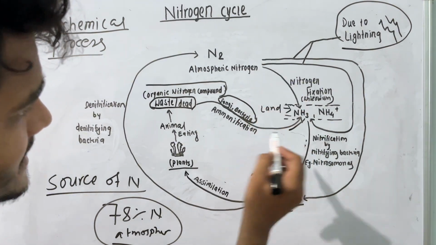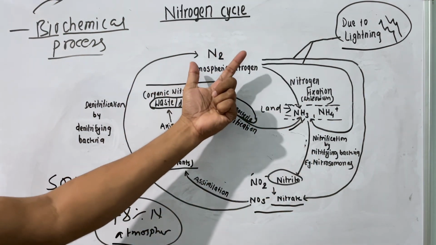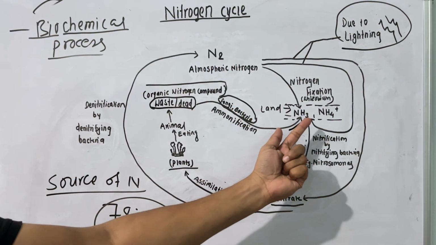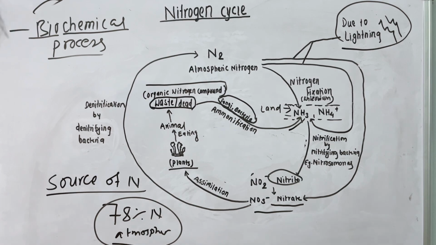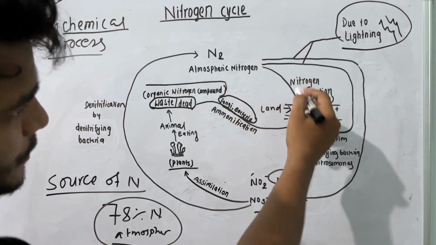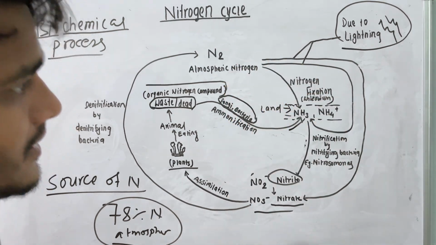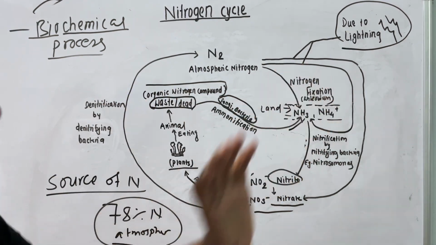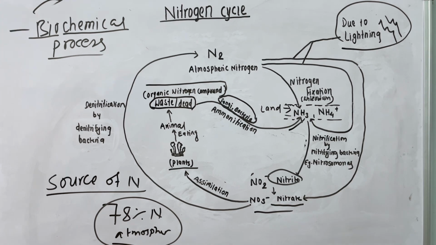The first one is that atmospheric nitrogen is converted into ammonia and then into ammonium ion. This process is generally performed by nitrogen fixing bacteria. In the soil we know that there are several beneficial bacteria that fix nitrogen into the soil.